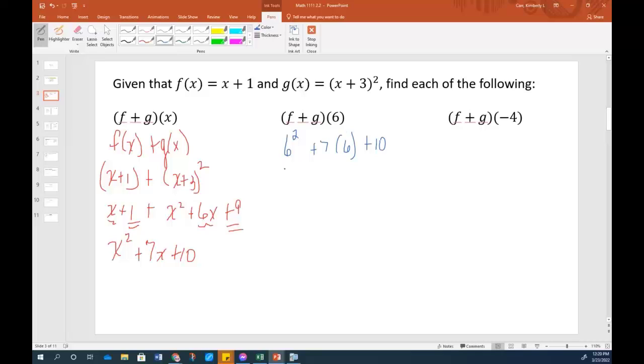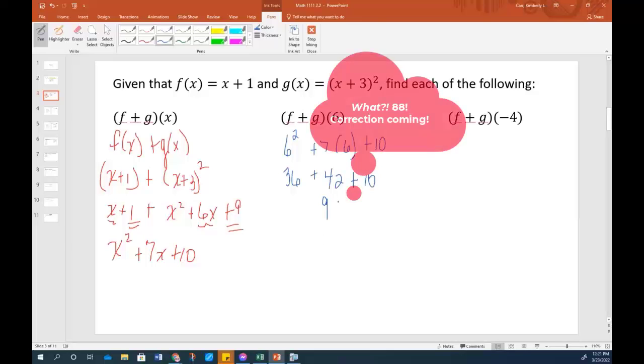Okay, simplify that. So we get 36 plus 42 plus 10, so that is 78, 98.